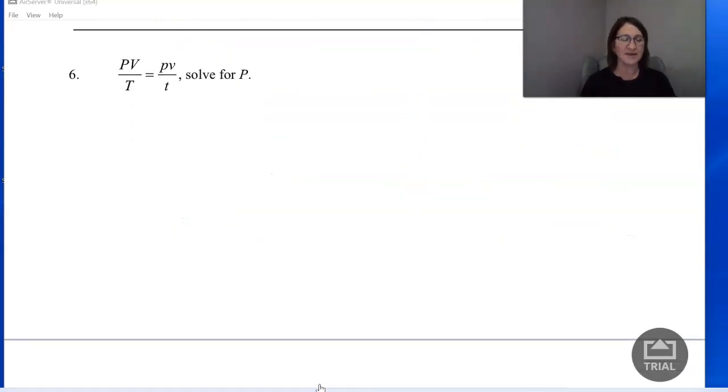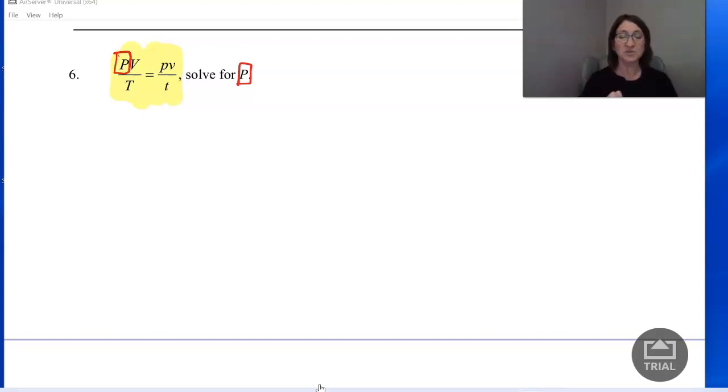So let's go ahead and look at this problem number 6. So one thing I want to note right here is that a capital variable and a lowercase variable are two different things. So in this particular example, we are being asked to solve for capital P. That means I want to get capital P all by itself.